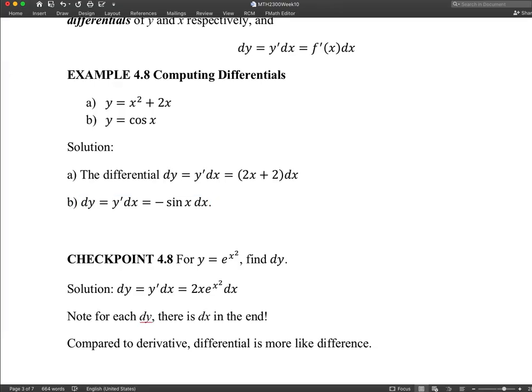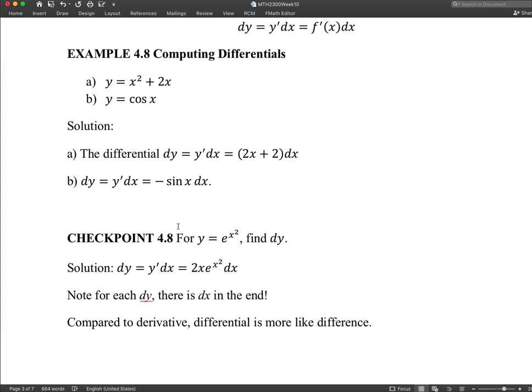Now this should be the correct answer. dy is always something times dx. A differential will have to be compared with another differential. Usually you don't have dy equals something without another differential. dy will have to be something about x times dx.